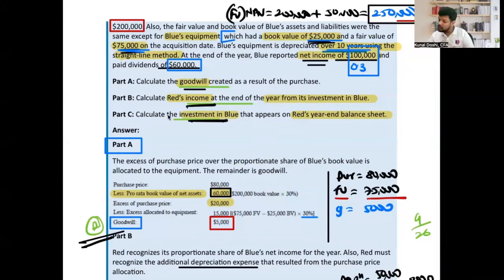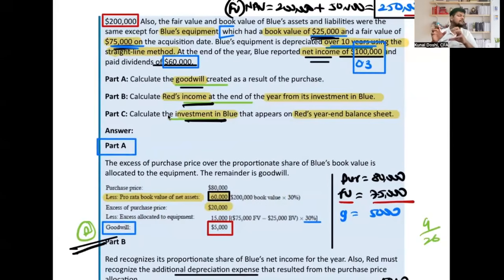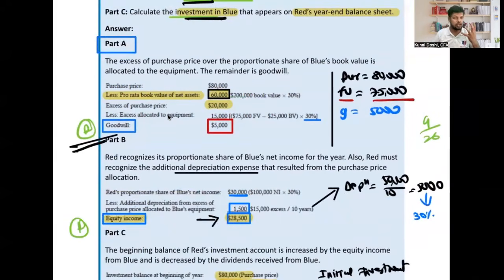Now, Blue's net income is 100,000. Of that, 30% belongs to us, because we have a proportionate share of 30%. However, along with that, there was a revision in the book value, which was an addition of 50,000. Because of this, there will be an extra depreciation, and based on the life, which is 10 years, there will be an extra depreciation of 5,000.